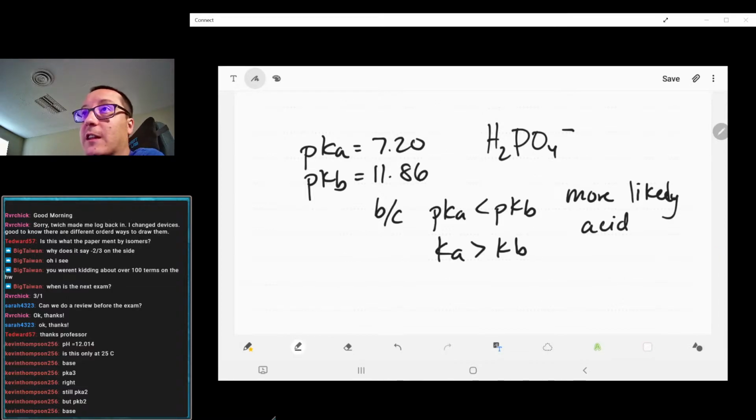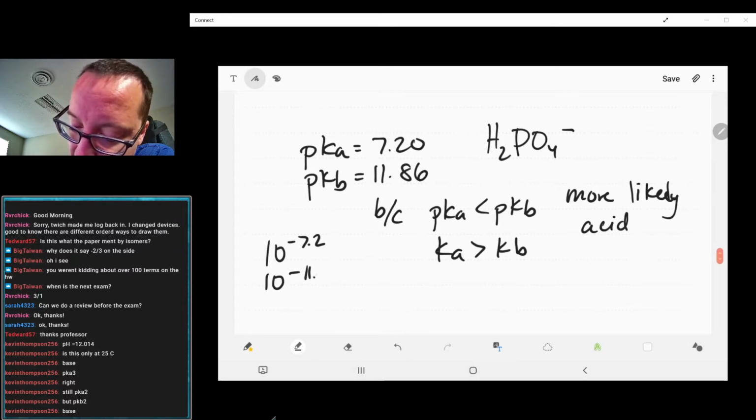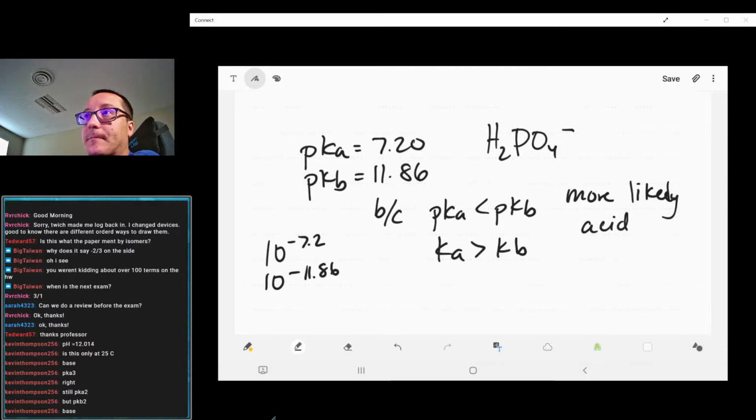Ka would be 10 to the negative 7.2, and Kb would be that. We can see definitely 10 to the negative 7 is greater than 10 to the negative 11. So definitely we're going to have an acid here. Hopefully that makes a bit of sense.